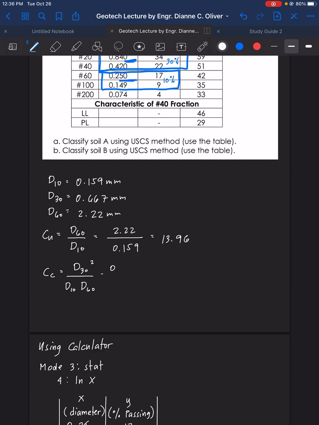And Cc is D30 squared, 0.667 squared, over D10 times D60, 0.159 times 2.22.